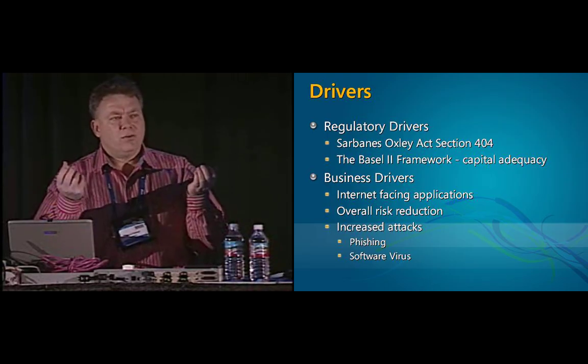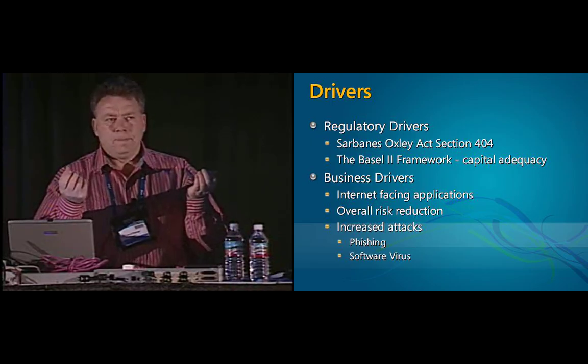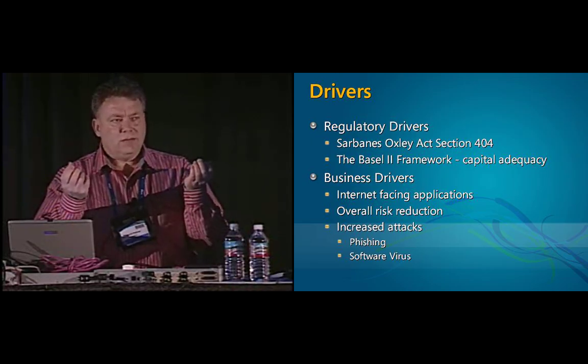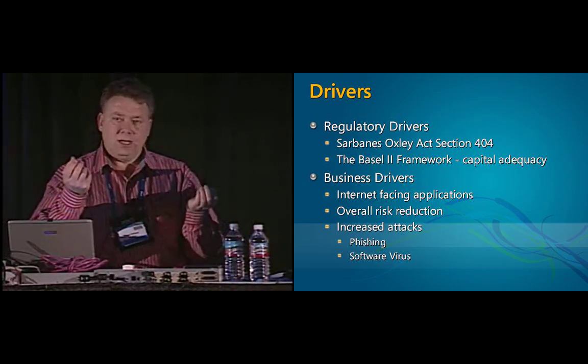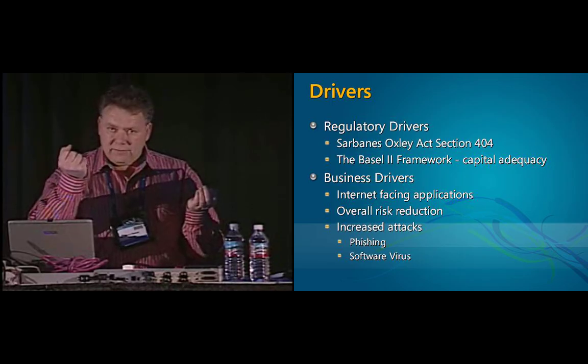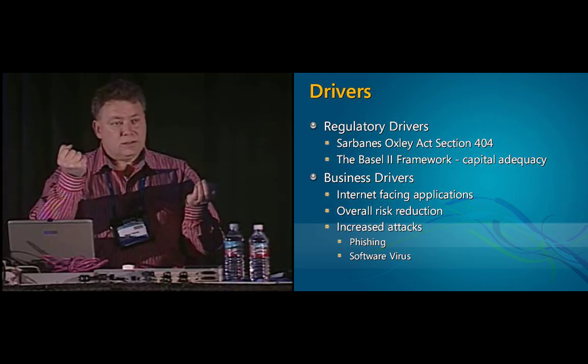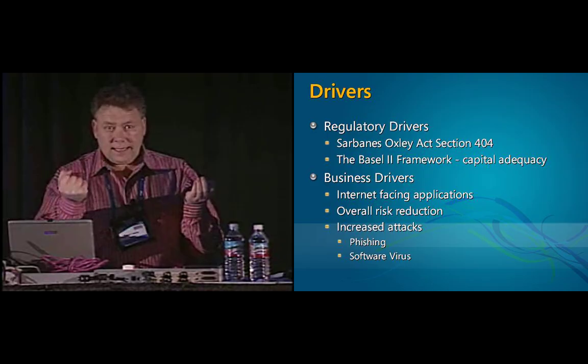So if you can, through risk management processes, show that your level of risk is low, it means the amount of capital that you can hold to offset the risk can be low as well.